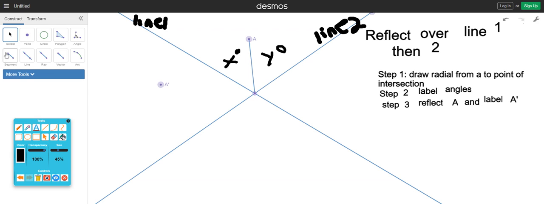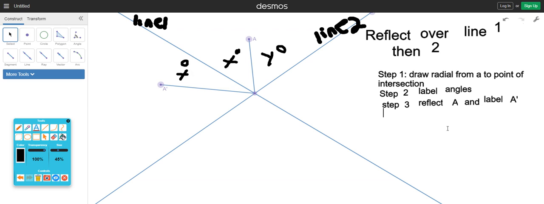Okay. Next, we're going to draw in that radial. And then we are going to label the angle. If it's the same reflected over line 1, it's got to be the same degrees.